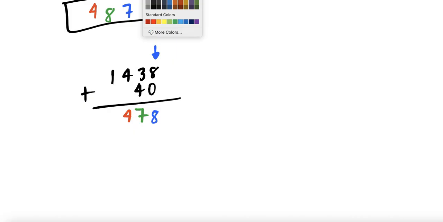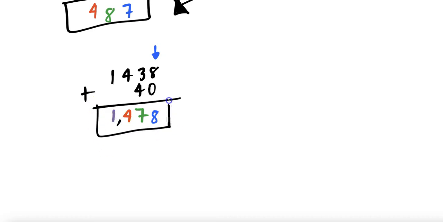And then 1 plus, again, nothing is 1, right? So your answer is going to be this. Remember, we saw in the place value video that we put a comma in the whole number section, 3 digits after, right? And that will be your answer.